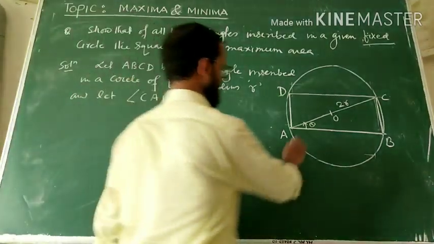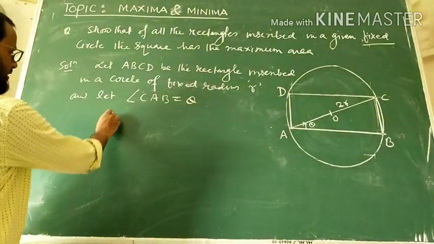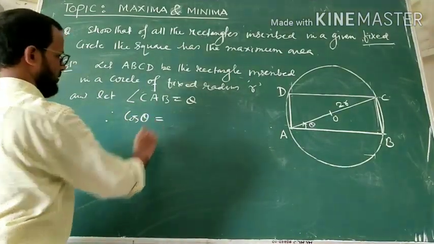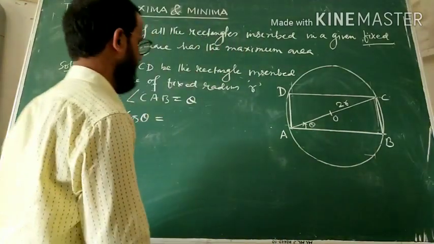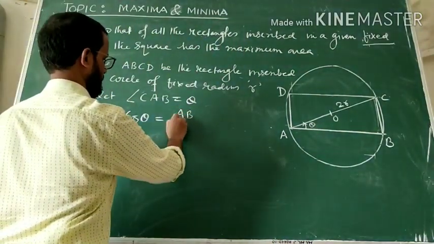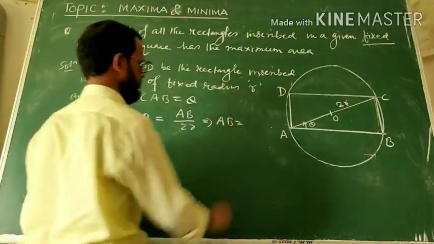Now if you use the right angle triangle, then cos theta equal to base by hypotenuse, AB by twice r. From here you will get AB equal to 2r cos theta.